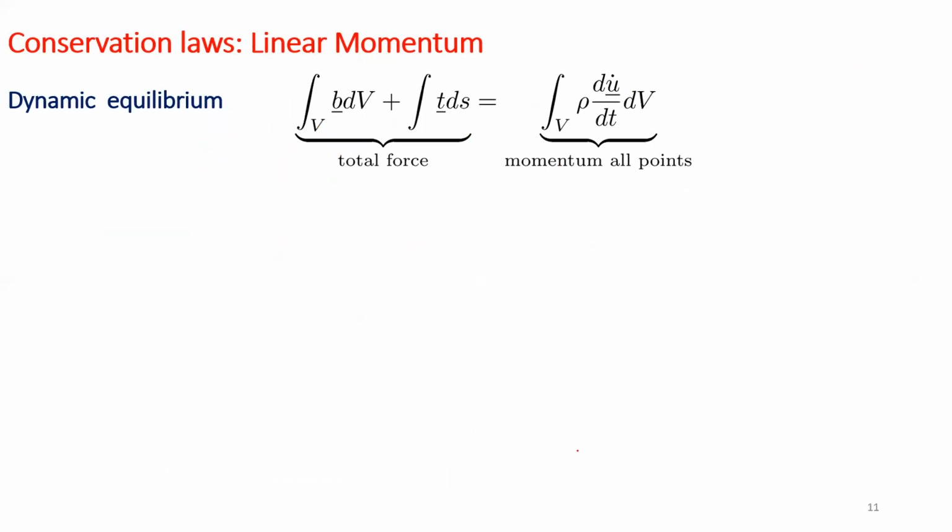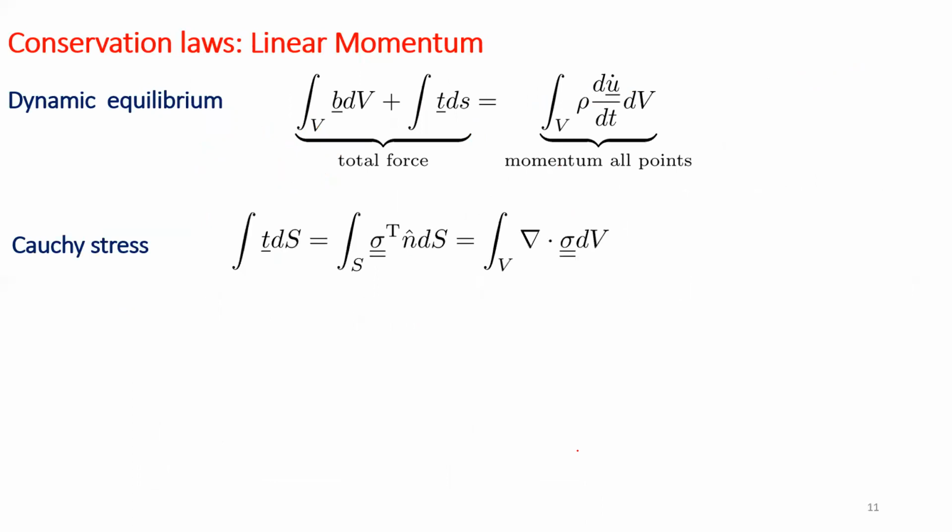Now we know how traction can be written, right? So I'm going to use the definition of Cauchy stress, which is this. T is nothing but sigma transpose times n. And then from the second equation, which involves the integration over a surface, I'm getting the third expression by using the Gauss divergence theorem.